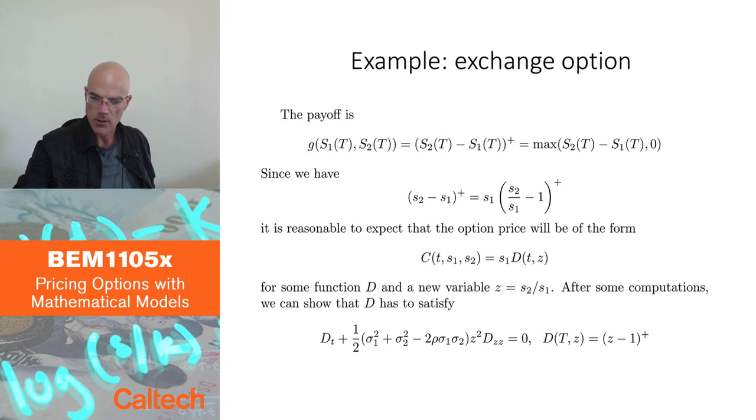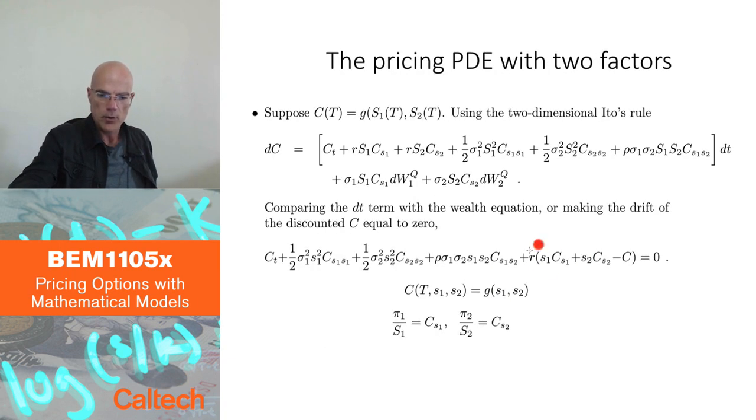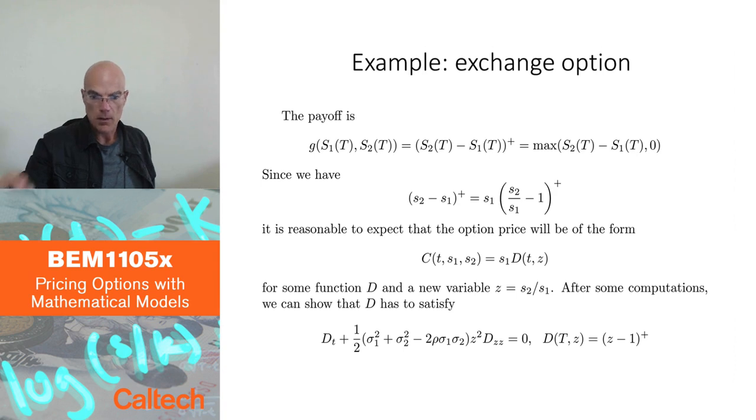You compute these derivatives of c in terms of the derivatives of d, and you plug it in here, and you will get an equation for d. So I'm not doing the details. You can look up the details. It's not going to be in the material for the course, but if you're curious, you can find books, including my book with Zapatero, and you can look up the details.